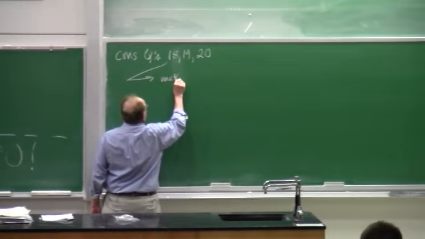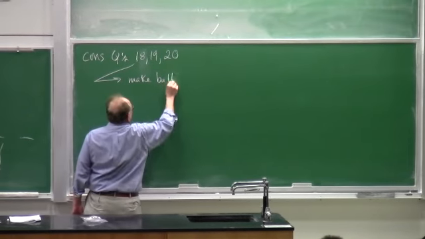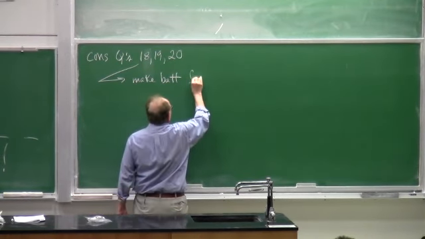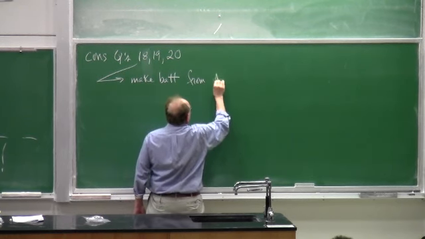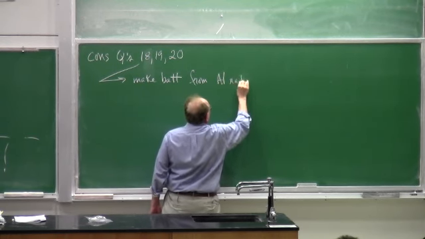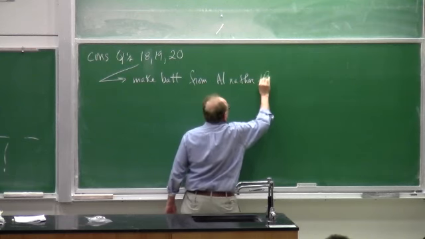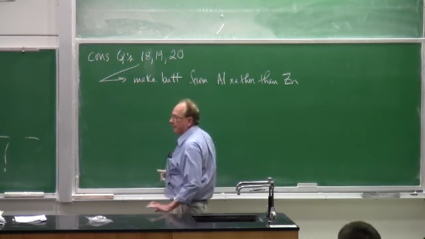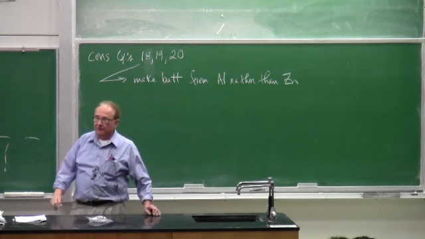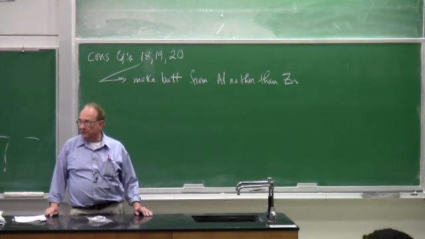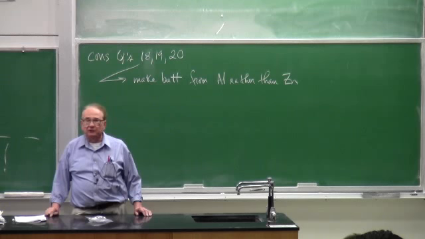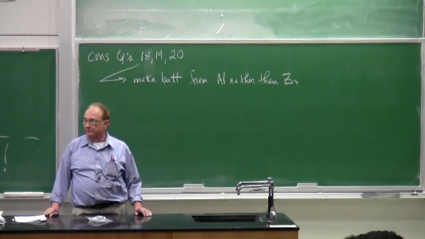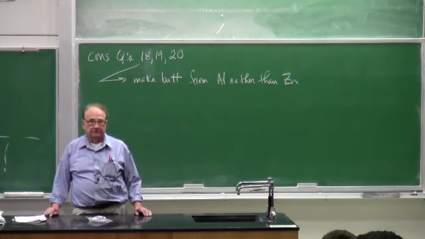So I'll write down in shorthand, make that from Al rather than Zn. I'm going to make an equivalent battery. In other words, I want a battery which will deliver the same current and have the same lifetime.